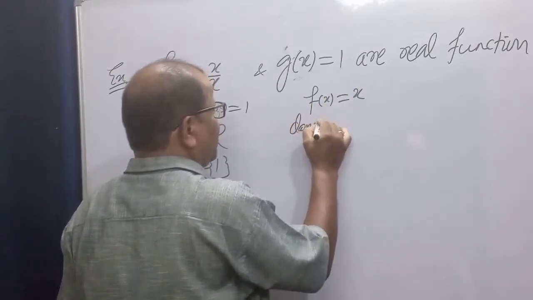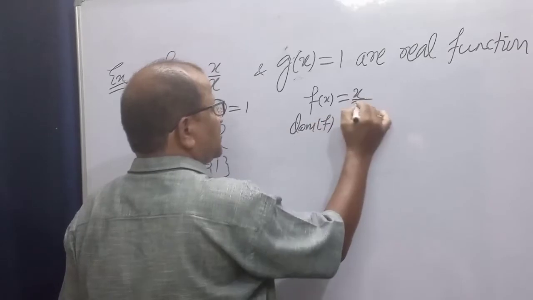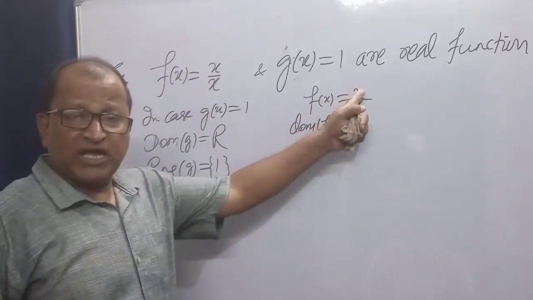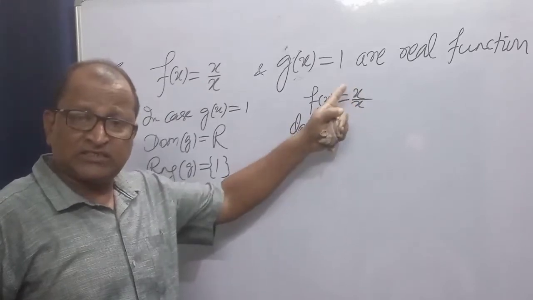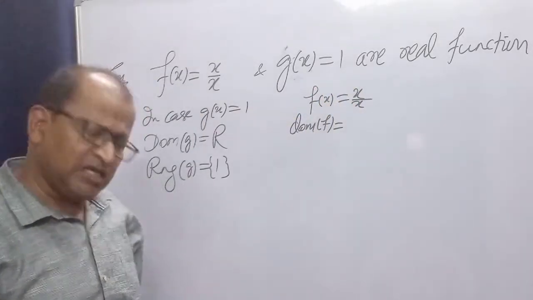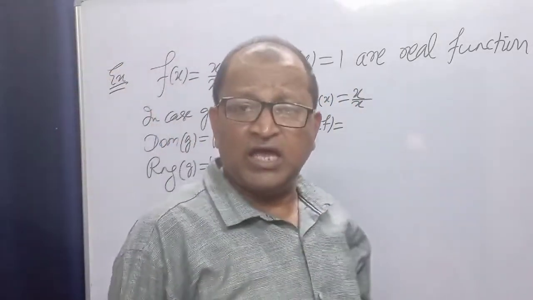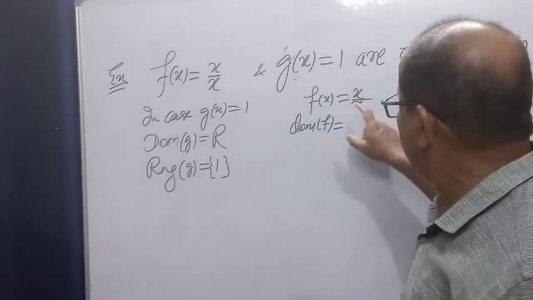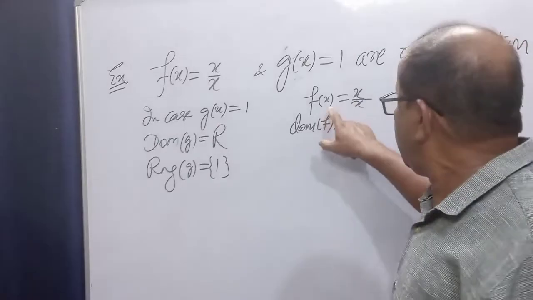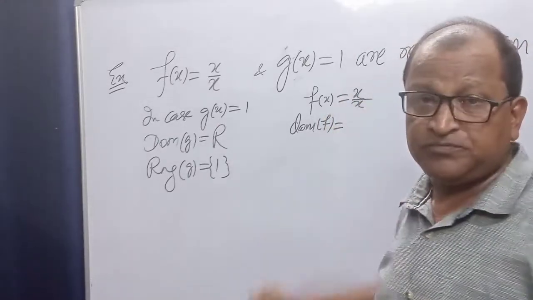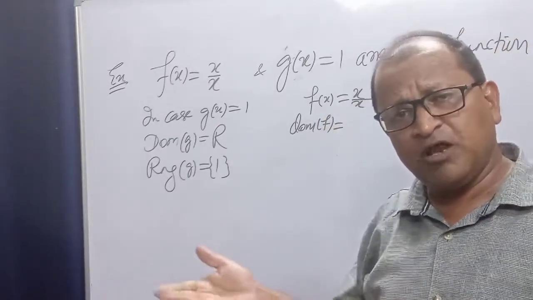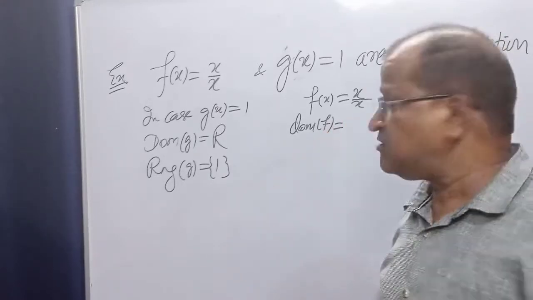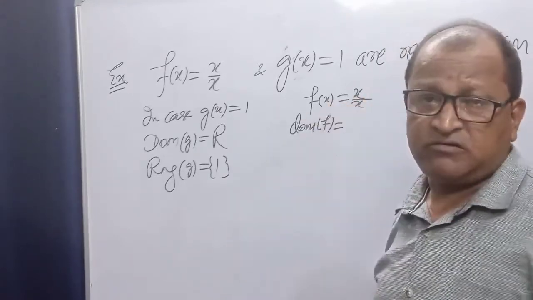And what about the domain of f(x) is equal to x by x? Domain of f. You see, x by x is 1 for x not equal to 0. For x not equal to 0, f(x) is equal to 1. But in the set of real numbers, 0 is there, right? For 0 it is undefined.